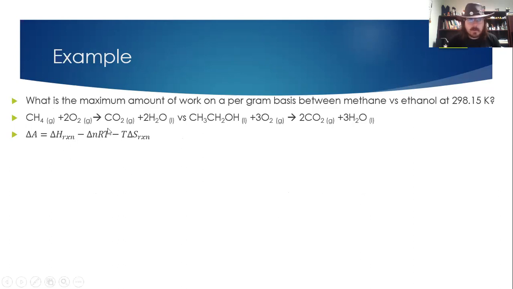So hypothetically, we're saying how much can we do this? If delta A is equal to delta H of the reaction minus nRT, which is our changing volume, which is our PV, that gives us our internal energy. How do we get internal energy? Well, it's delta H plus PV, so negative P delta V.